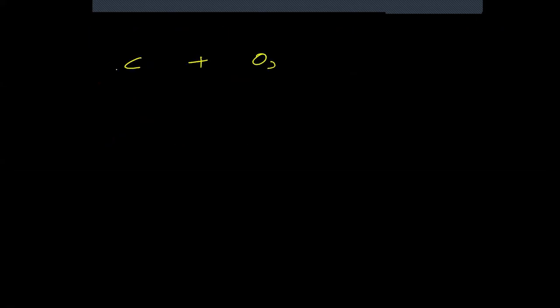C plus O2 gives you CO2. And stoichiometric calculations, you know that it is 1 mole, okay? 1 mole of carbon gives you 1 mole of carbon dioxide, means 12 grams of carbon gives you 44 grams of carbon dioxide. Atomic mass of carbon is 12, molar mass of carbon dioxide is 44.